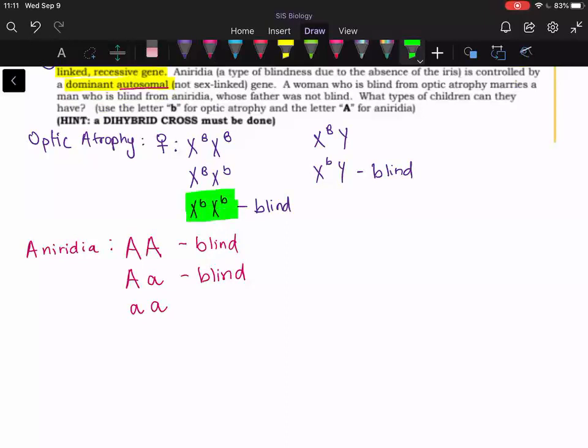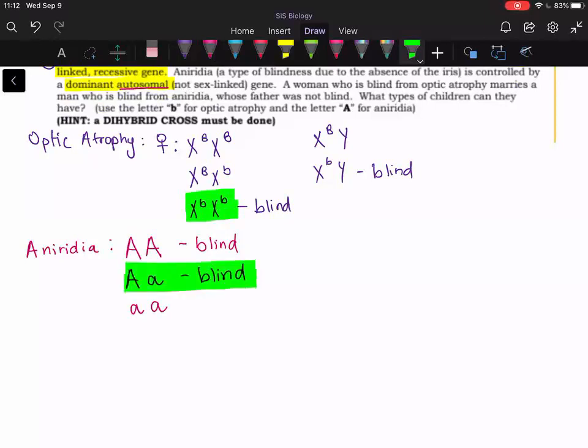Then it says she marries a man who is blind from aniridia, whose father was not blind. So which one is he going to be? Because his father was not blind, he's going to have one recessive allele and one dominant allele.